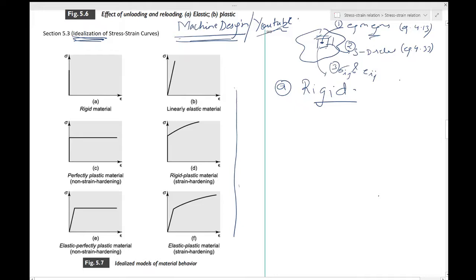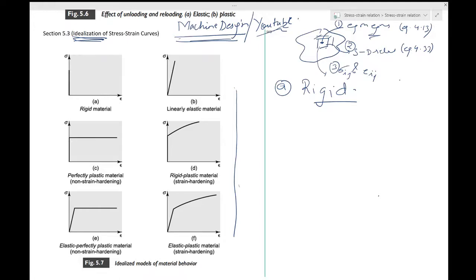It's very unlikely that you will ever find a material which never deforms under whatever amount of load, but that's why you call it an idealization. That's what the graph will look like: the stress will keep on increasing to whatever value you want, but the strain will be 0. So this is one in which there is no strain regardless of the applied stress.